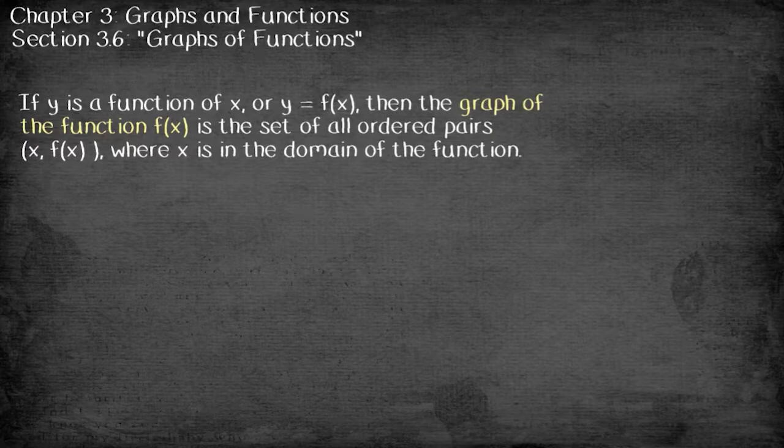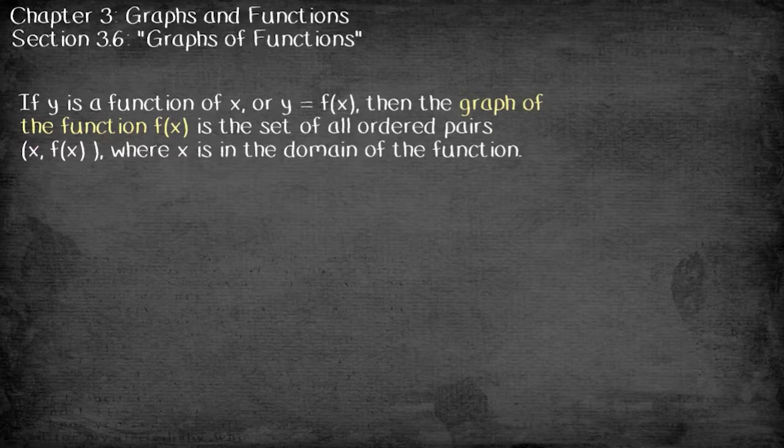It's a super easy way to check if a relation that you have graphed is a function of x or not. And so if y is a function of x, or in other words, y equals f of x, then the graph of the function f of x is the set of all ordered pairs x comma f of x, where x is a member of the domain.